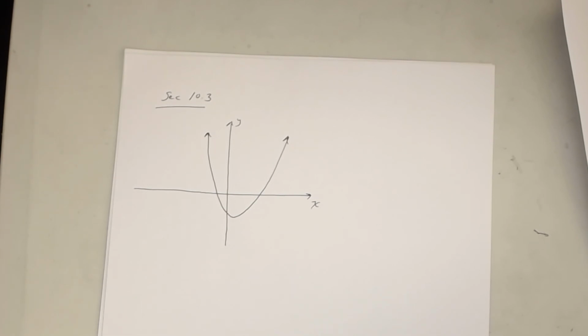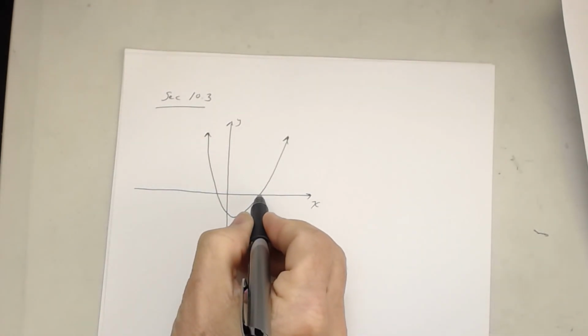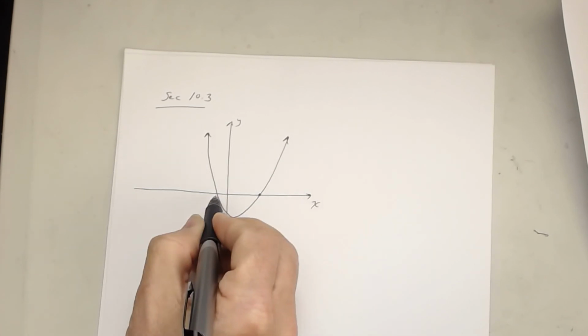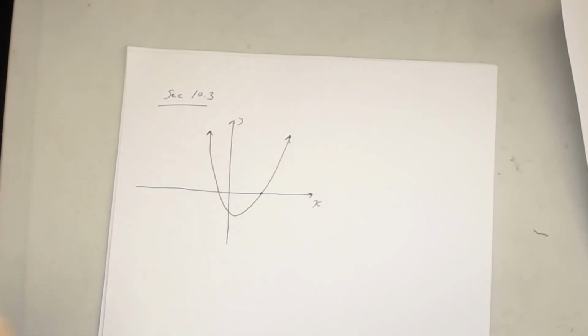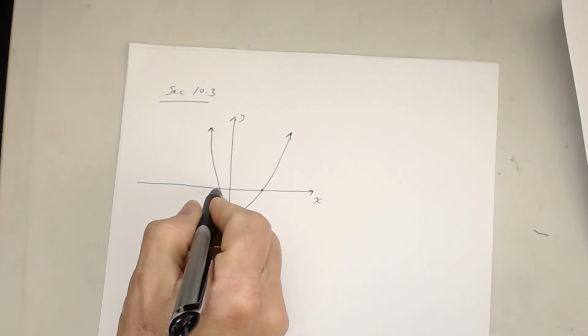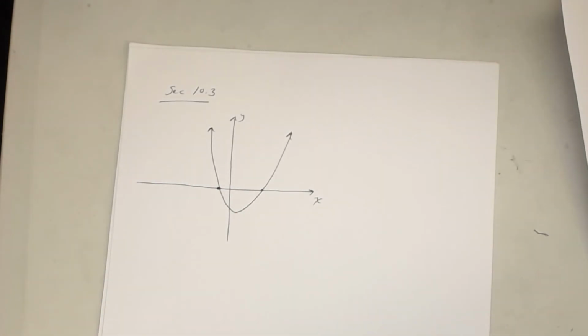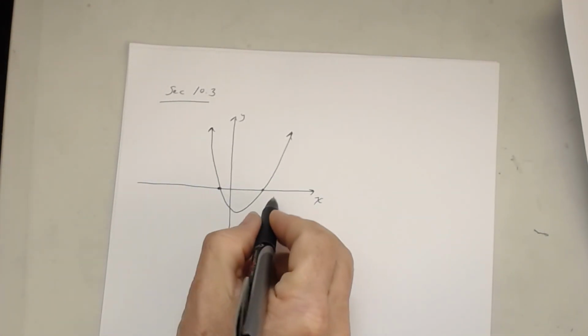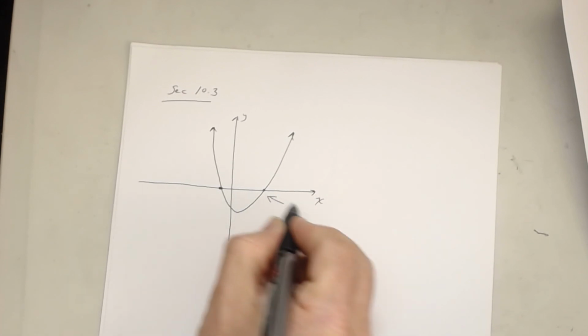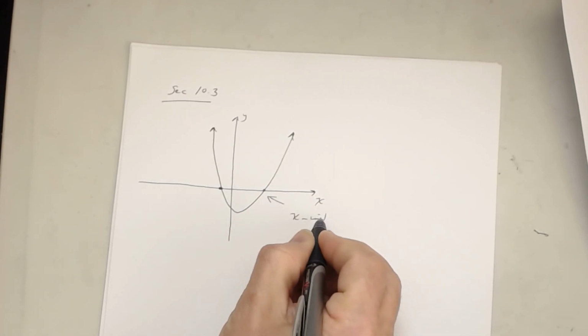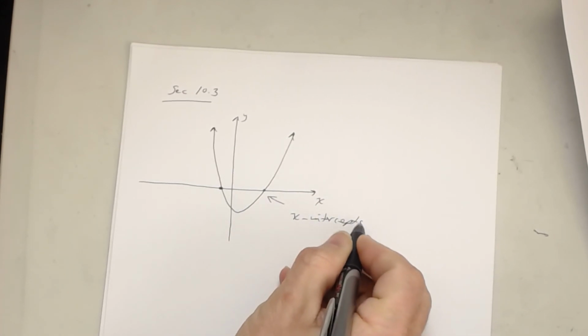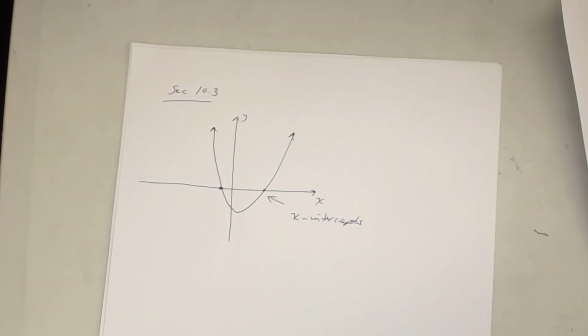All right, now, wherever a graph crosses the x-axis, and how many places does this graph cross the x-axis? 2. Wherever a graph crosses the x-axis, those are called x-intercepts. Okay, x-intercepts. So an x-intercept is where the graph does what?